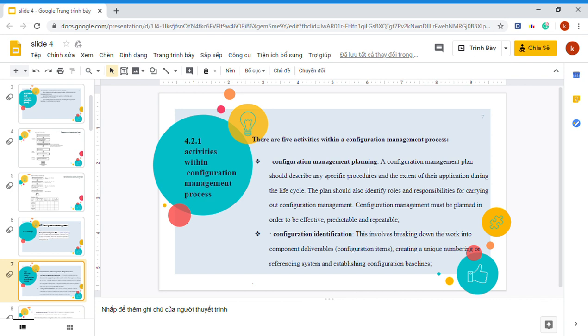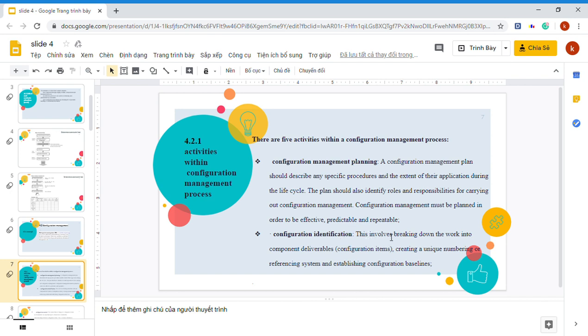The plan should also identify the responsibility for carrying out configuration management. Configuration management must be planned in order to be effective, flexible, and repeatable.